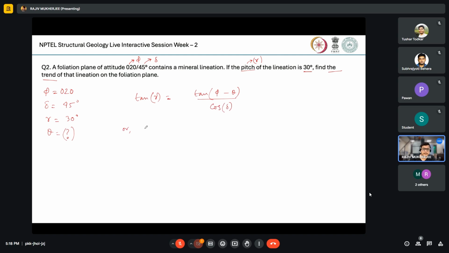Or we can write directly tan of phi minus theta is tan of r multiplied by cos of delta, or phi minus theta is basically tan inverse of tan of r times cos of delta, which gives us theta is equal to phi minus tan inverse of tan r into cos of delta.